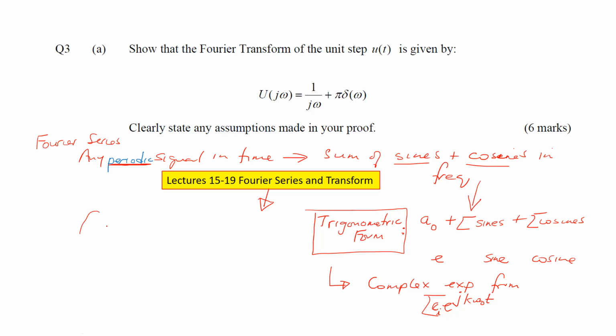So like a single sine: if I give you a single sine, this has one frequency component. If this is time and you went to frequency and plotted this, instead of time in seconds and amplitude, here we have frequency in hertz.